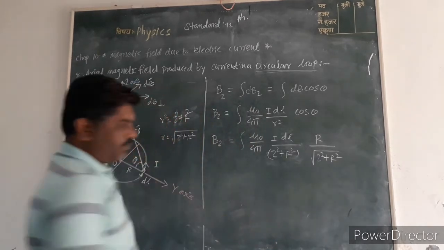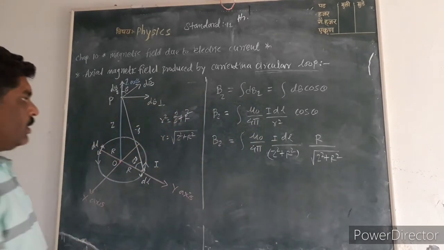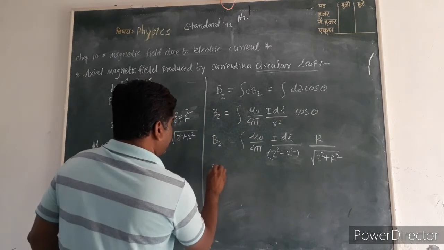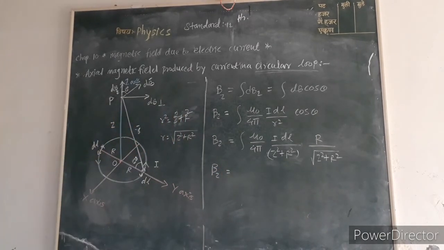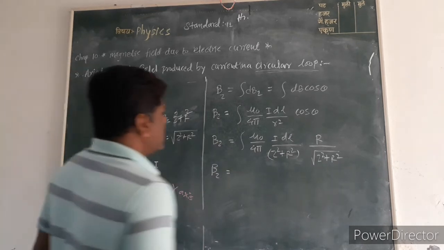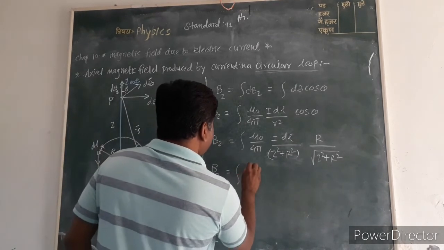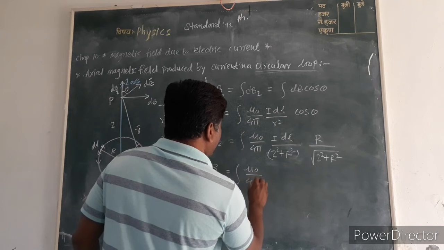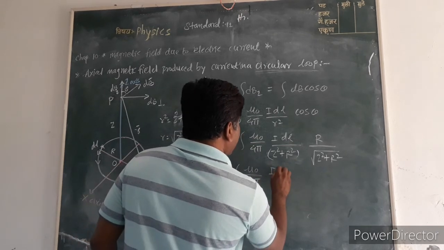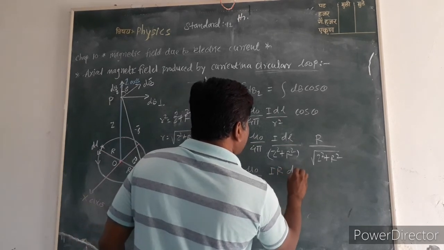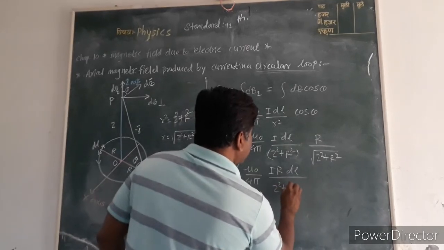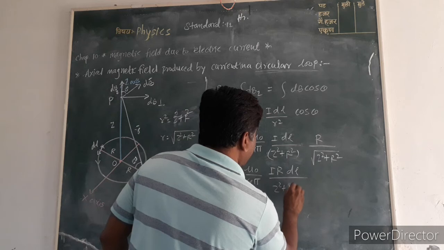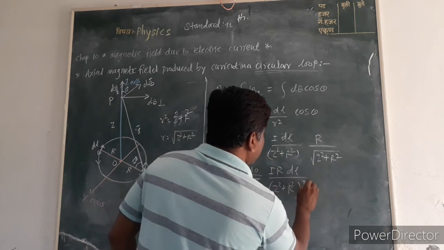Therefore Bz, the magnetic field along the z-axis, is equal to integration of mu 0 upon 4 pi, I R dl divided by z squared plus R squared raised to 3 by 2.